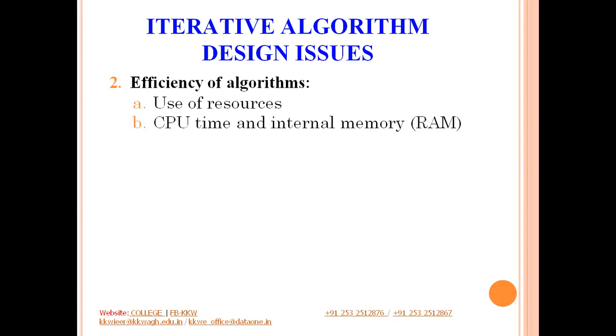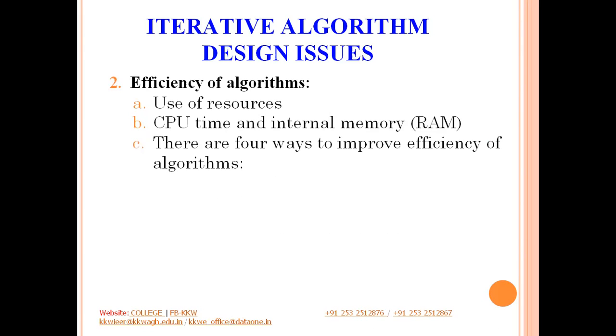When we talk about resources, we are majorly talking about two kinds: time and space, that is CPU time, and internal memory, that is RAM. We should be able to write algorithms that make efficient use of these resources, and you must also understand how to improve the efficiency of the algorithms we have written.